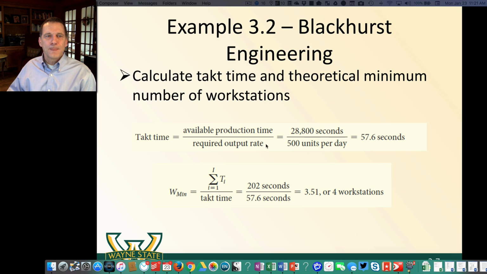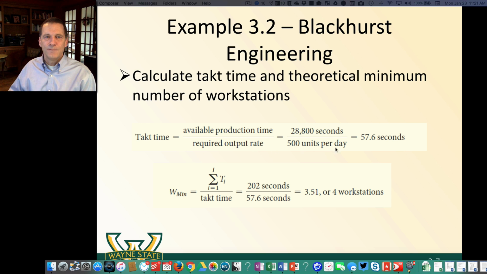Let's take a look now. How do we do it? Number one, we have to come up with the takt time. You remember it from the last session. So we needed available production time and a required output rate to find our takt time. Well, we know we have an 8-hour day, and 8 times 60 minutes times 60 seconds is going to give us 28,800 seconds of available time, and we need 500 units in a day.